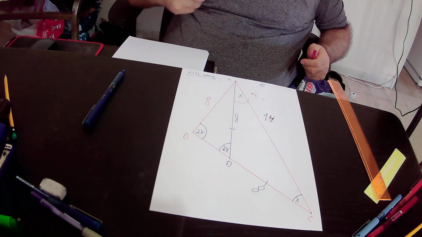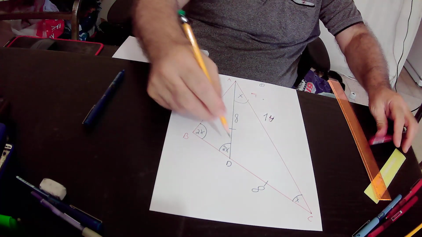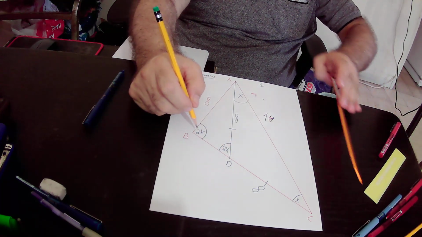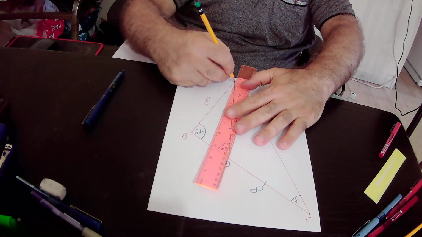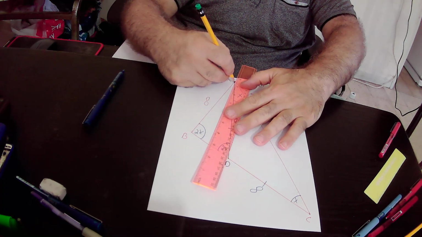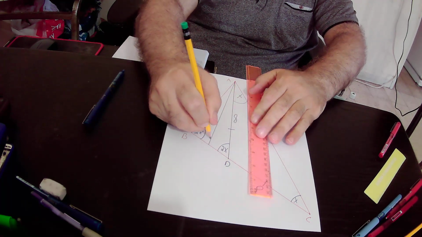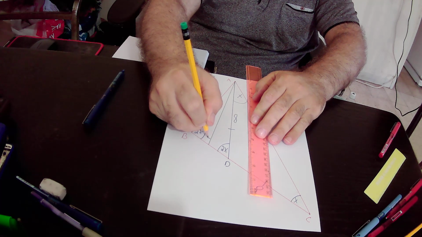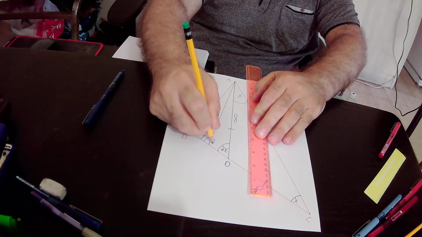According to rule number 3, if we draw a perpendicular to the base, that is BD, this angle is 90 degrees, and this angle is also 90 degrees.